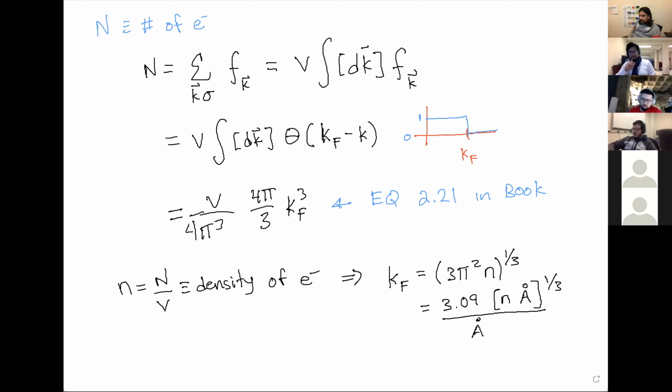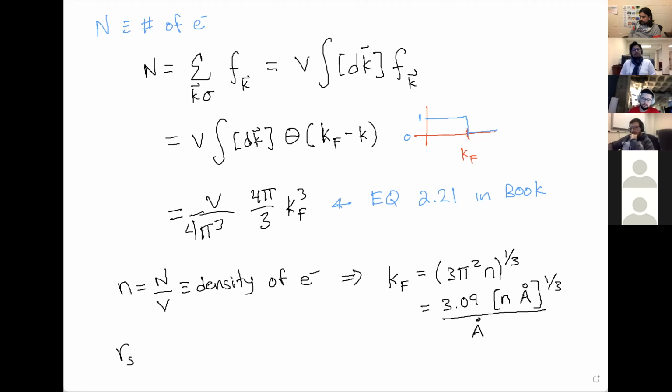So this little n is the density of electrons. And sometimes people talk not about the density of electrons like that, but instead bring up the size of a sphere of a free electron gas that would have the same density of electrons. So sometimes we talk about a density of electrons that is related to the radius of a sphere.